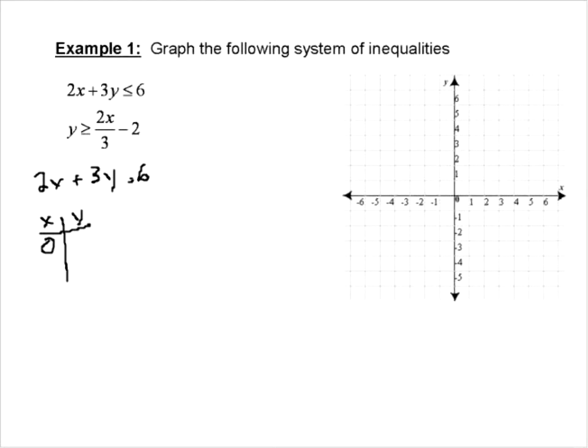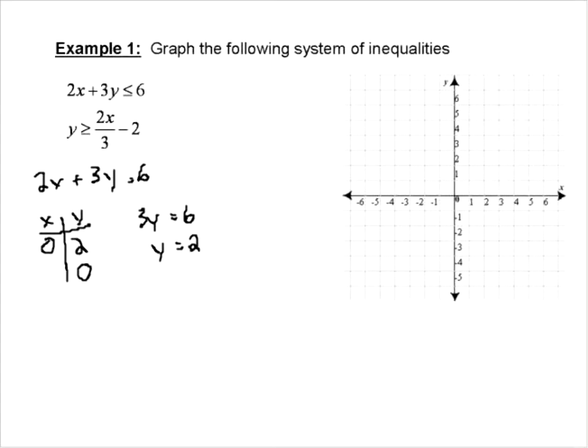And when x equals 0, we're going to get 3y is going to equal 6. So our y value is going to equal 2. So x is going to equal 0, y is going to equal 2.